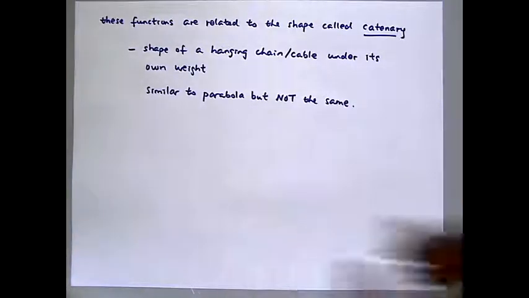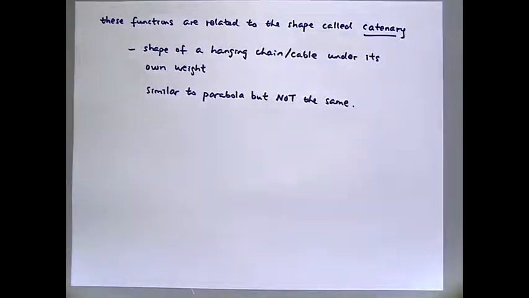And it turns out that the catenary shape can be described very, very elegantly by using the hyperbolic sine and cosine. If you just use the plain old x, it gets complicated. But using those functions, it turns out to be a very simple shape. Catenary is used in a lot of architecture.